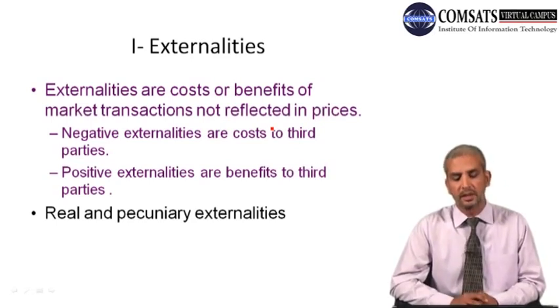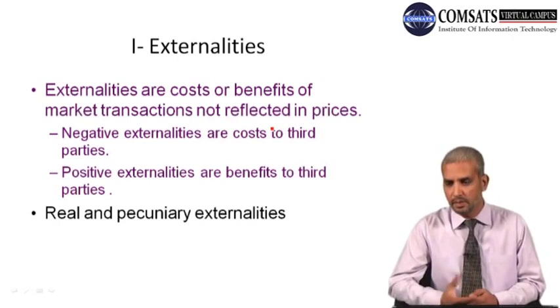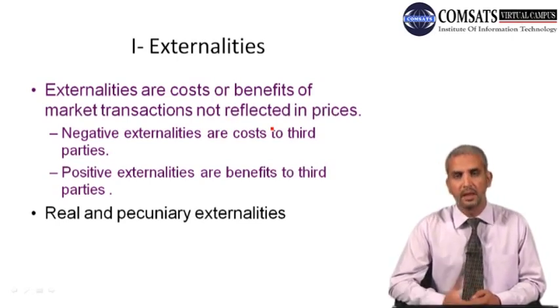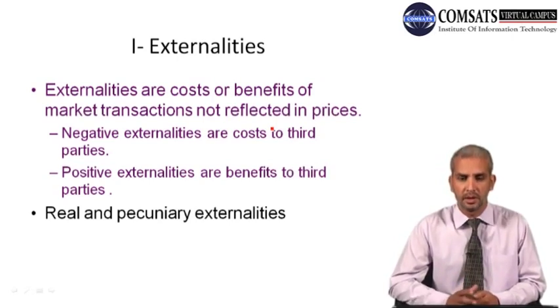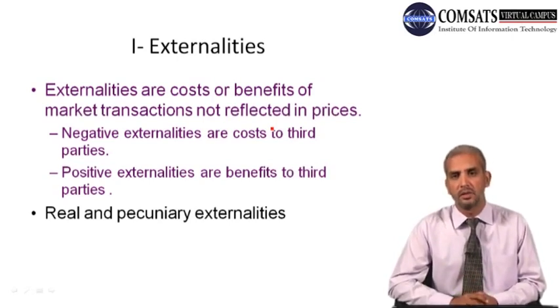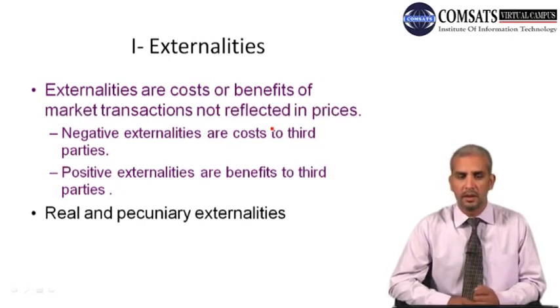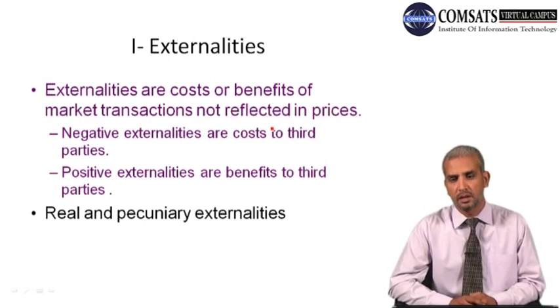Then there are positive externalities, or the benefits to third parties. A positive externality would be, for example, in terms of fire alarms. If some individual purchases a fire alarm and installs it at their home, people living in the surroundings also benefit from that, because fire alarms curtail the expansion of fire.